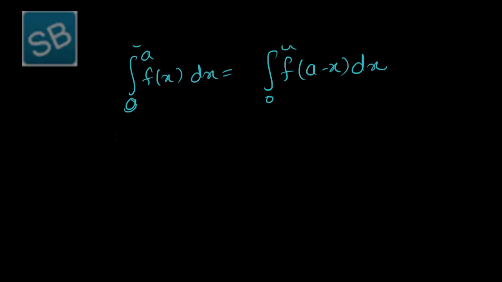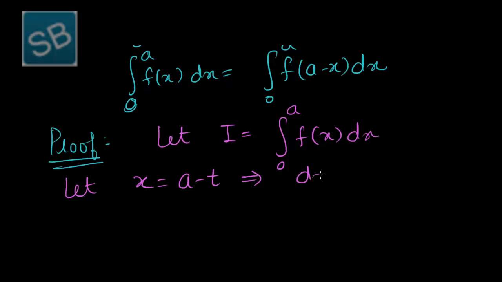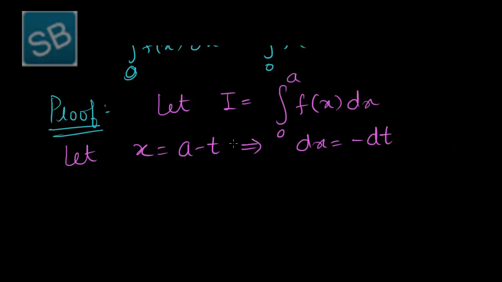So, the proof of the theorem is: let I be equal to integral 0 to a f of x dx. So let x be equal to a minus t. So dx is equal to minus dt. Now by the method of substitution, x is equal to g of t must be a monotonic function.